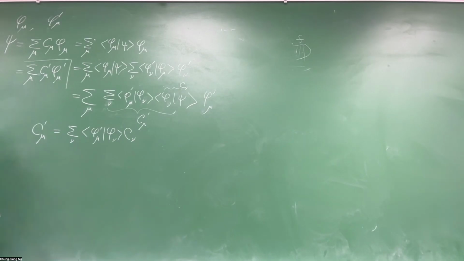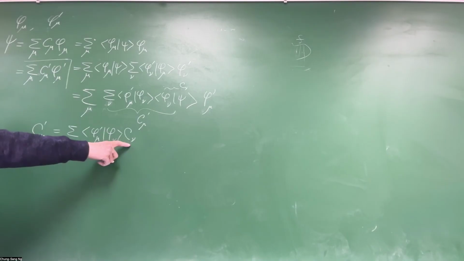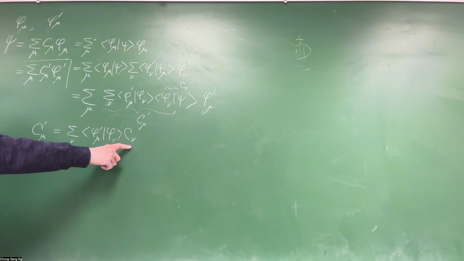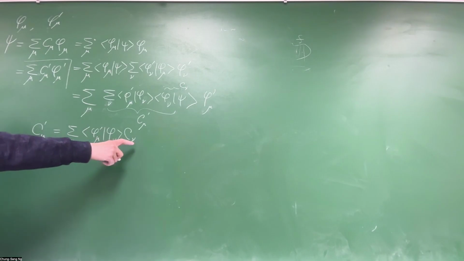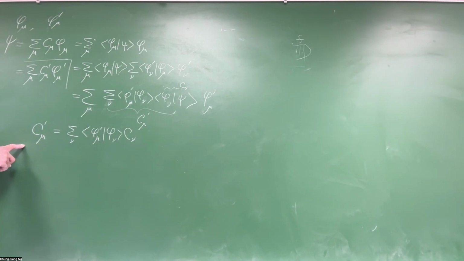Right. And now you see that this is just in the structure of matrix multiplication. If you regard this C sub nu as a column vector, and this is a square matrix, then this square matrix multiplied by a column vector gives you another column vector C pi.